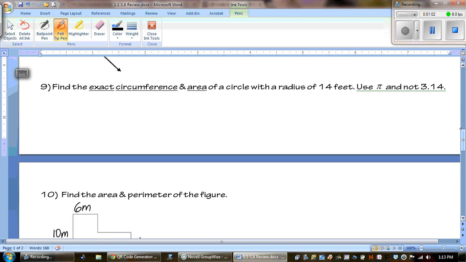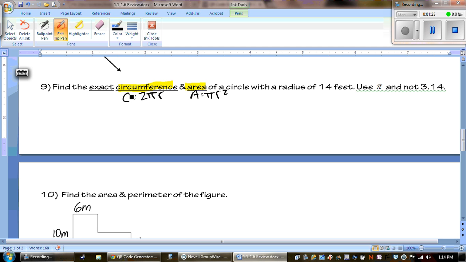All right. I believe number 9 was another one where you need to know the difference between circumference and area. Twinkle, twinkle, little star, circumference equals 2 pi r, which means that area is pi r squared.